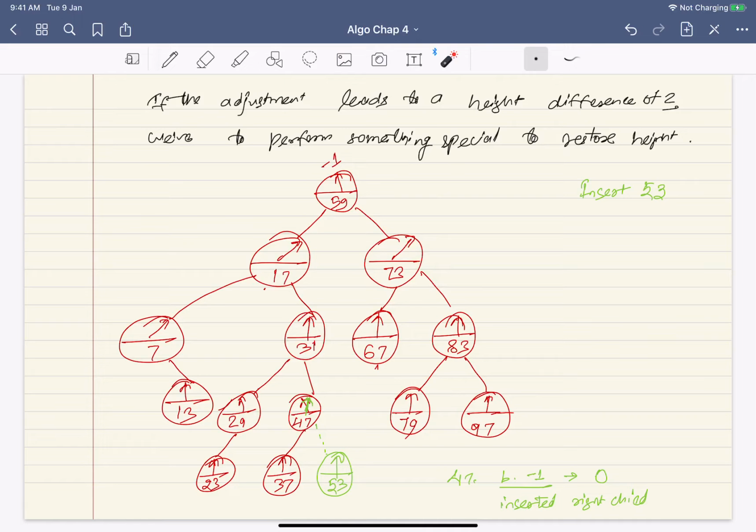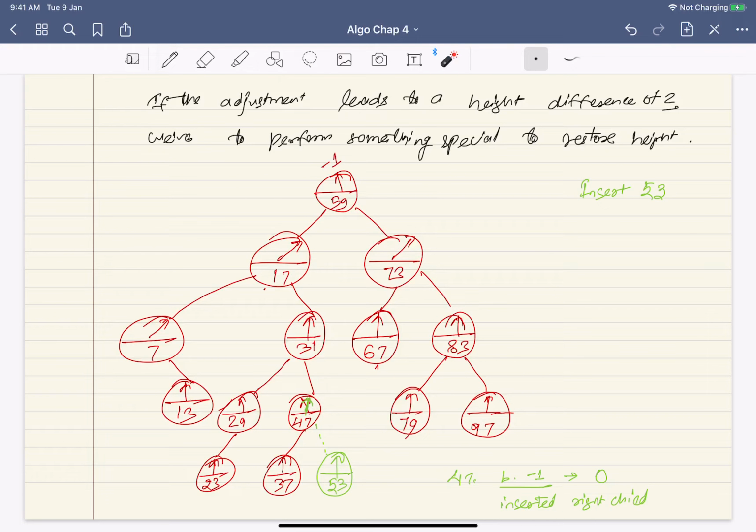Just bear with me for the conventions, the way we are denoting height. So actually you will say that the height of this subtree is 0 as per our convention, and this was not even there. So was it already 0 in both the cases? This is something you have to understand differently in the case of AVL trees.